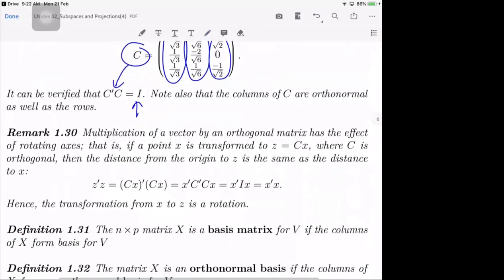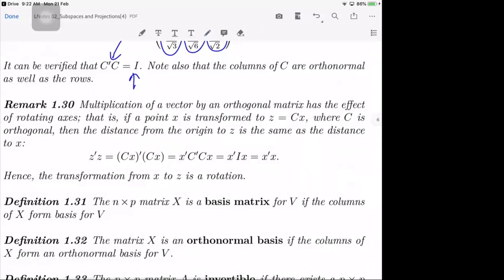So as a remark, multiplication of a vector by an orthogonal matrix has the effect of rotating axes. So the application of an orthogonal matrix has something to do with rotating the axes.